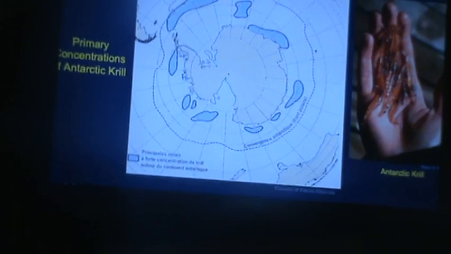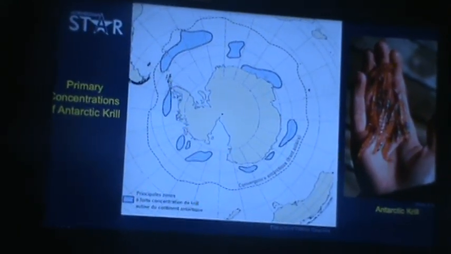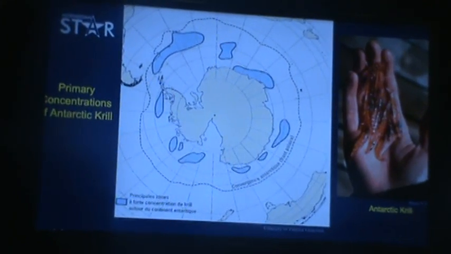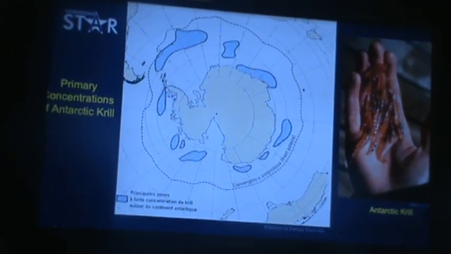Most of the marine species live in a very narrow temperature range, and as that range warms, they need to move further south, or in the northern hemisphere further north, to survive. That's related in part to the melting of the sea ice, and obviously to global warming.